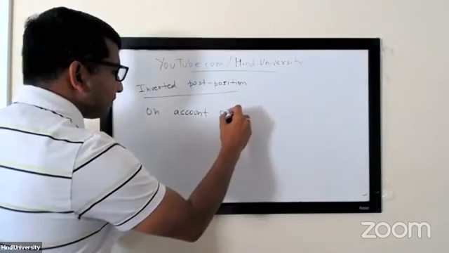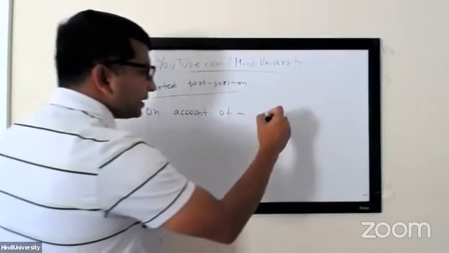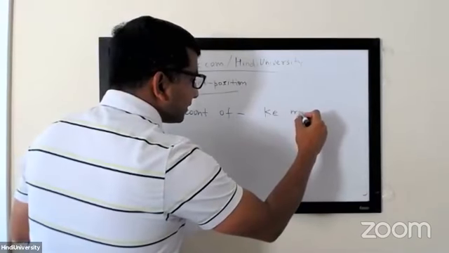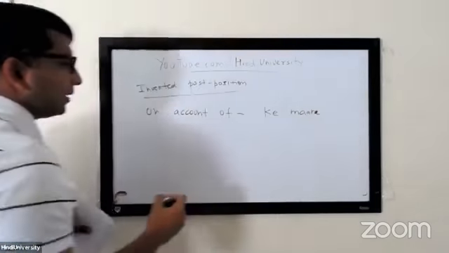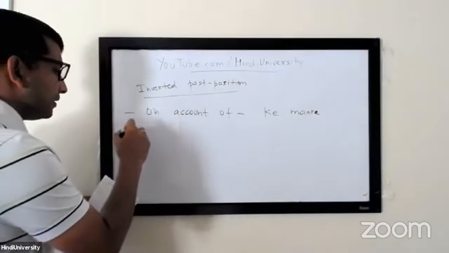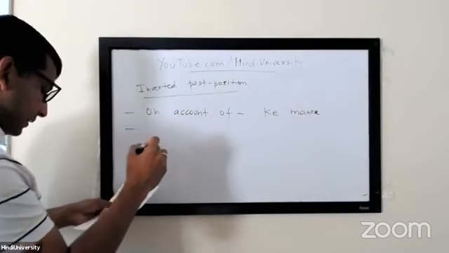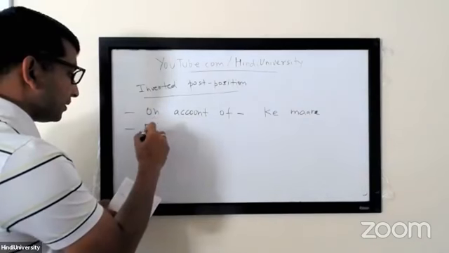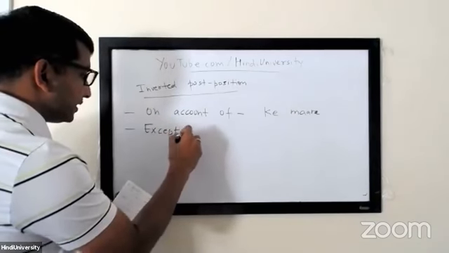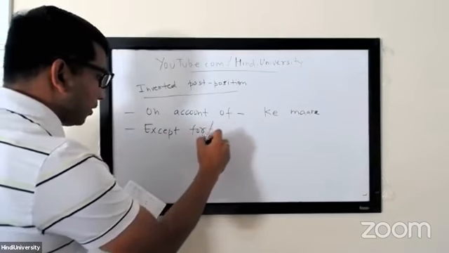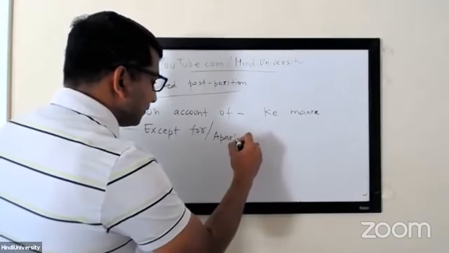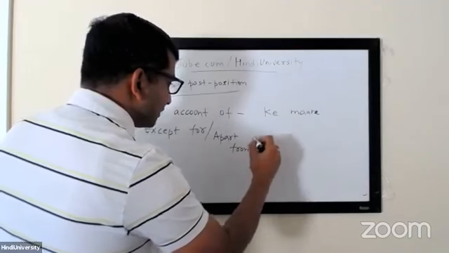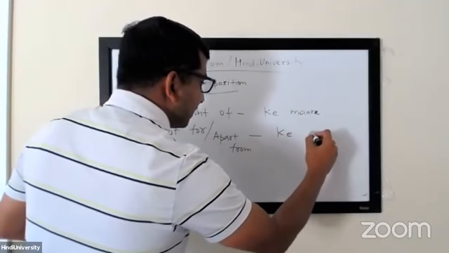This is not used that popularly, but he says ke mare. And then this is the third one, and the one he uses is except for, or basically apart from. This one is very popular, which is ke siva.